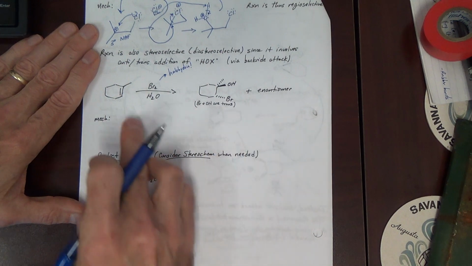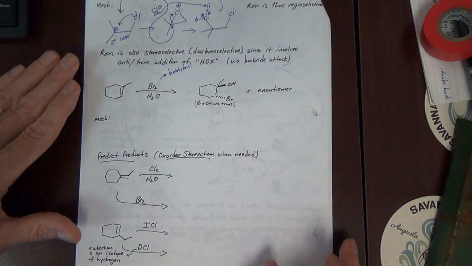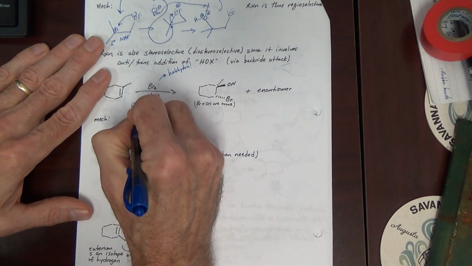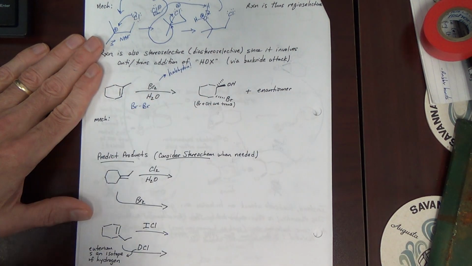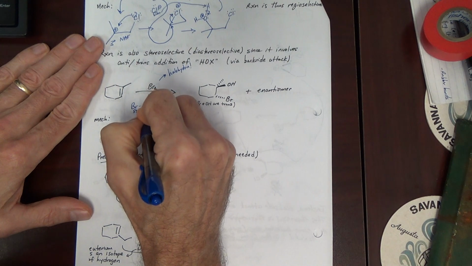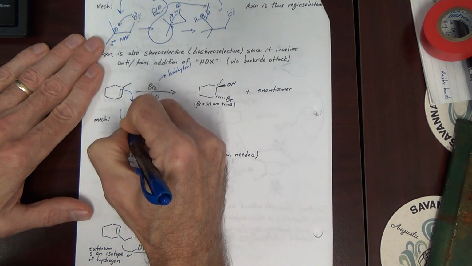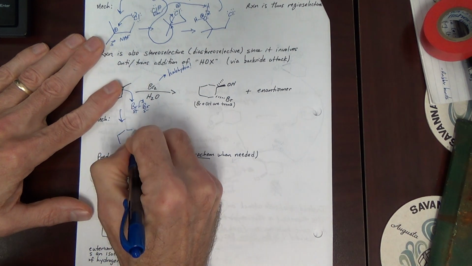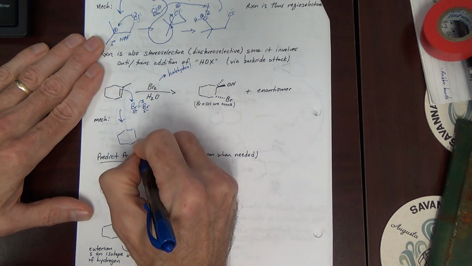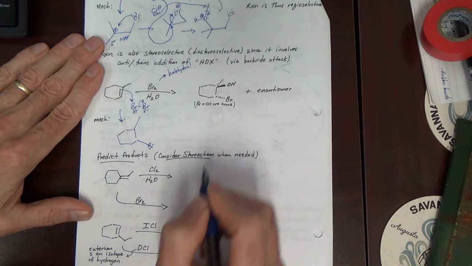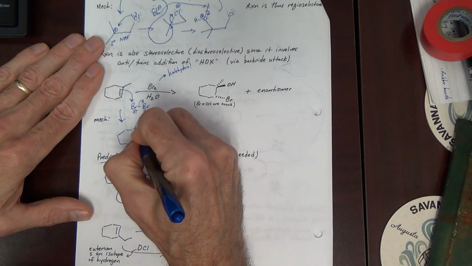I'll work through this, and that's probably where we'll end this video. We've got our electrophilic bromine, partial plus, partial minus. These electrons attack here, these electrons move here. We're going to get a new bond to bromine here, and a carbocation here.